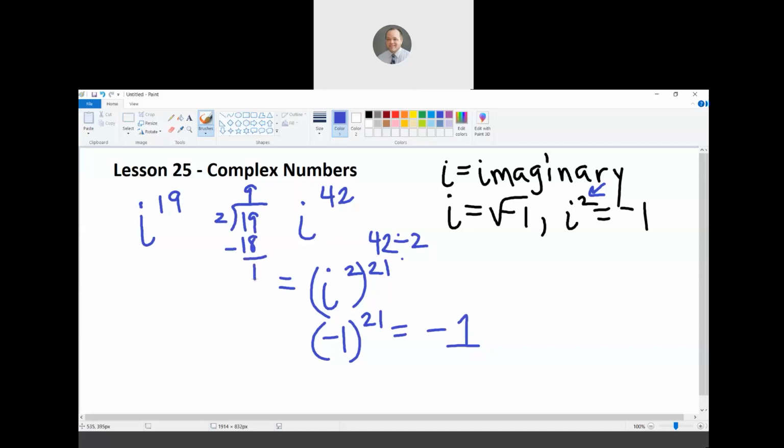Now, what this means is we can break down i to the 19th as (i squared) raised to the 9th power. And just like with radicals, the remainder tells you how many i's are left over. So we got an extra i out here left over.